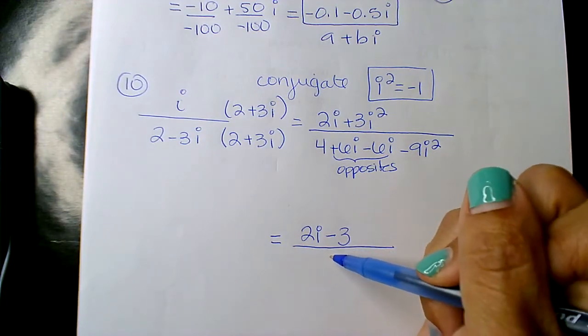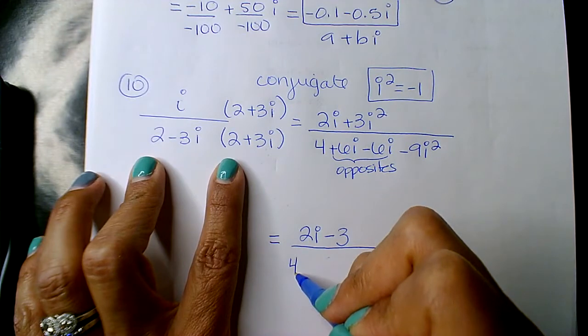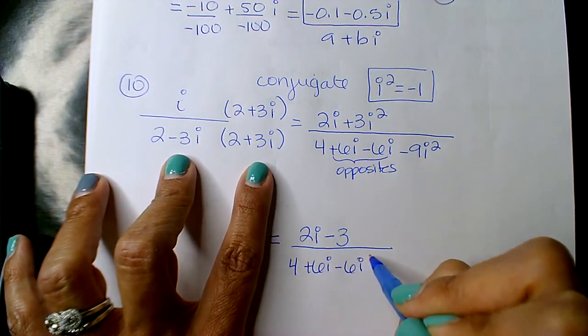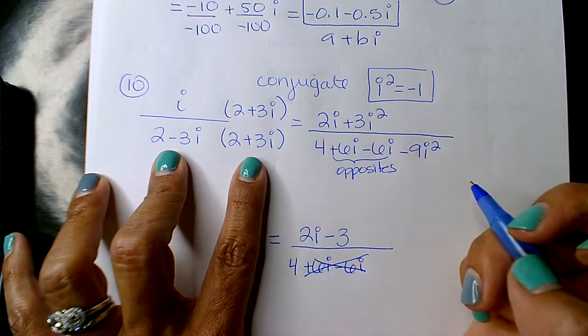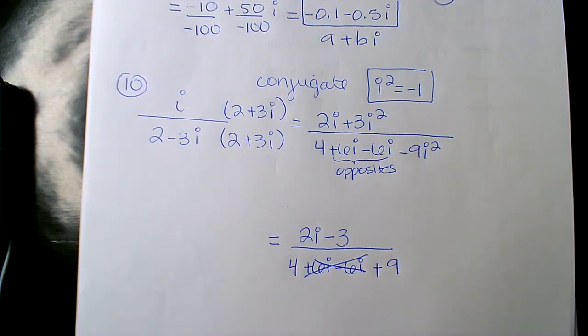But if you're picking up on patterns, 2 times 2 is 4, plus 6i, minus 6i, and you're crossing that out, and then -3 times +3 is -9, but then i squared, that's going to be a +9. Once you start picking up on that, you're welcome to do this little shortcut.